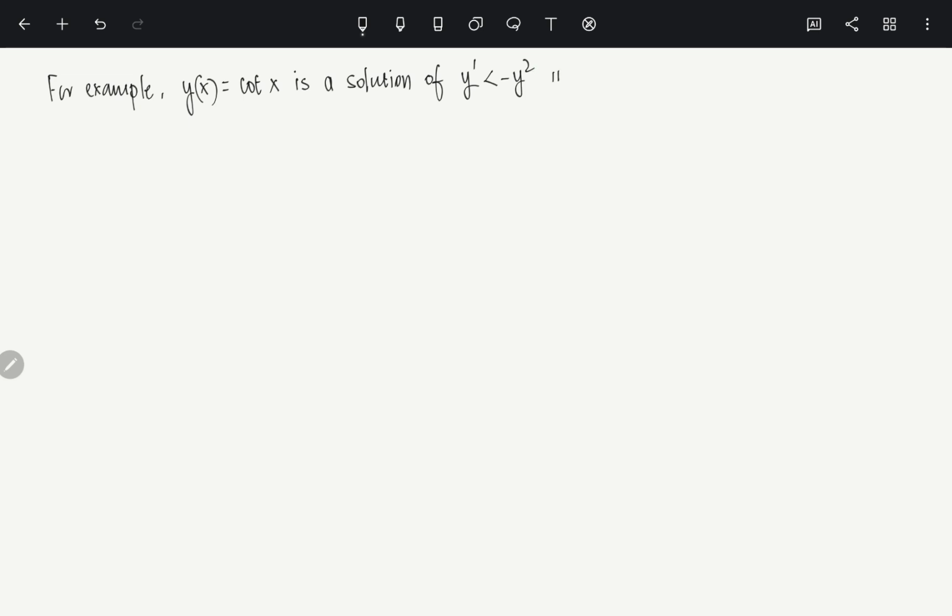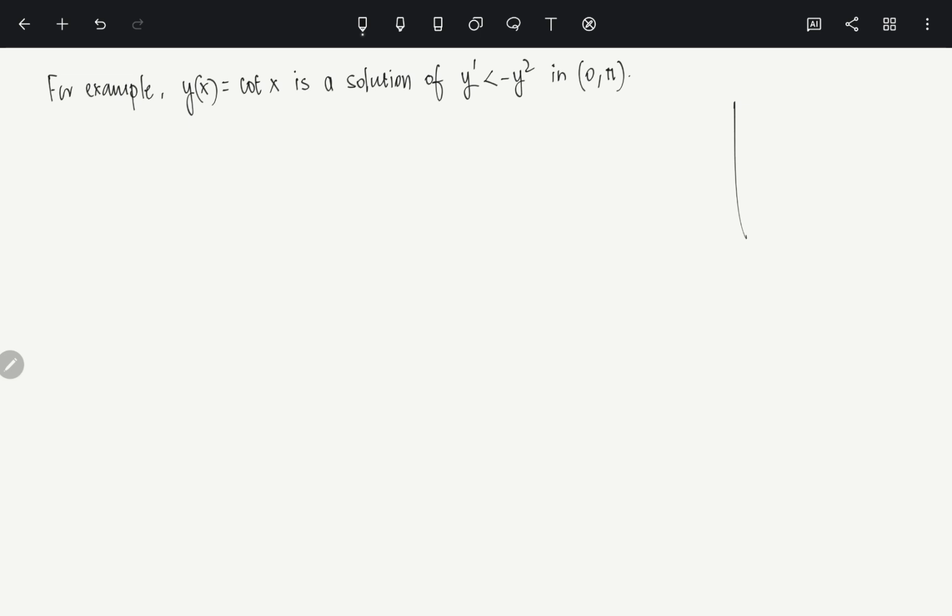And what is the interval here? 0 to pi. Clear? So that's the interval. Now you do understand what I'm trying to say. See, the idea is this: for most non-linear equations, at least first order, here we are talking about first order.